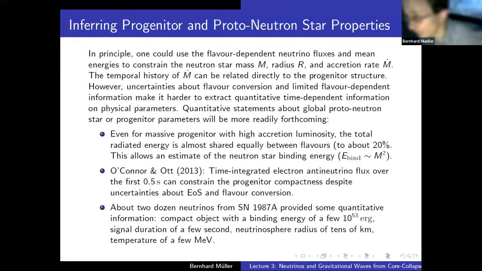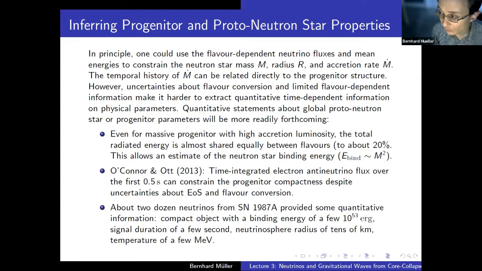And that implies that if you can measure the total neutrino flux, regardless of flavor conversion, you can pinpoint the neutron star binding energy quite reasonably. The neutron star binding energy will be sensitive to the neutron star mass squared. That helps a little, this extra sensitivity, so that you can still pin down this important number by measuring the total emitted neutrino energy.